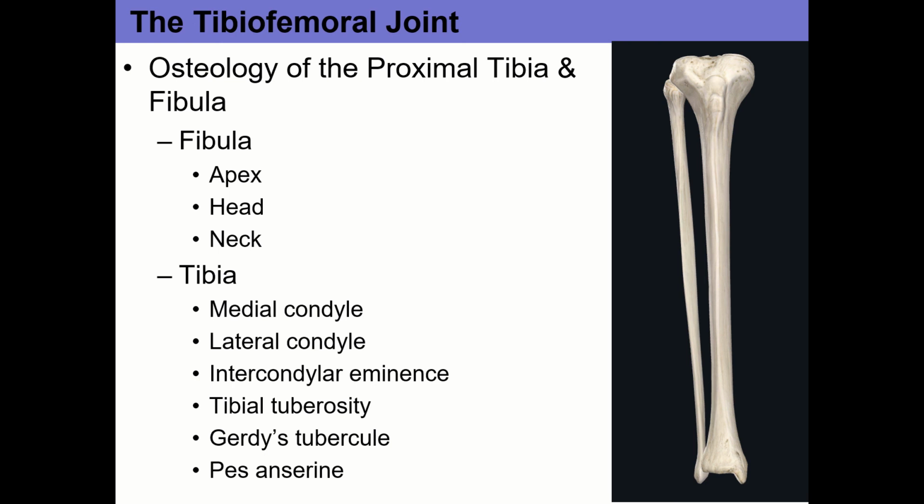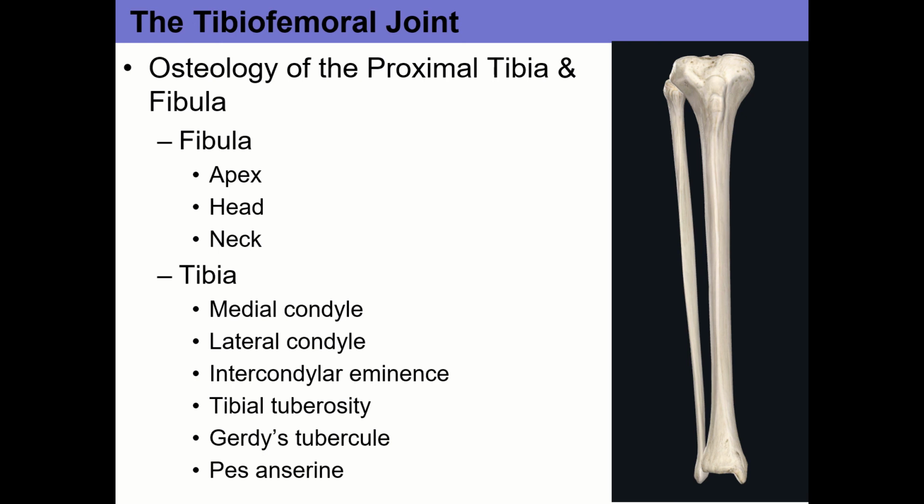As always, you're looking at a right pair of those bones from the anterior aspect, so right view from the front. The tibia is the more medial of the two, so the tibia is always closer to the midline, and it's the much larger of the two. On the lateral aspect, that's your fibula, so it's the small bone.